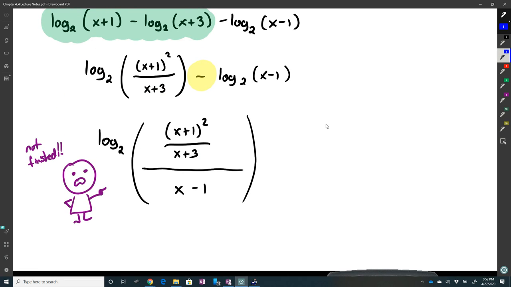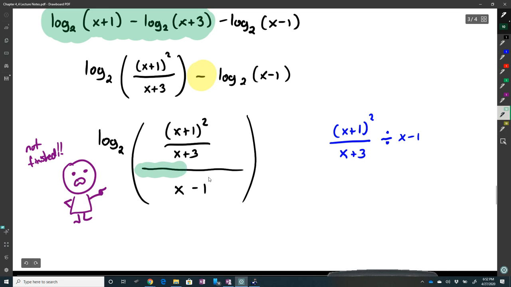So what we do is this no longer has to deal with logs. But this is x plus 1 squared divided by x plus 3. And then the entire thing divided by x minus 1. So this is essentially what's going on. All I did was the big division symbol. I used the other division symbol.